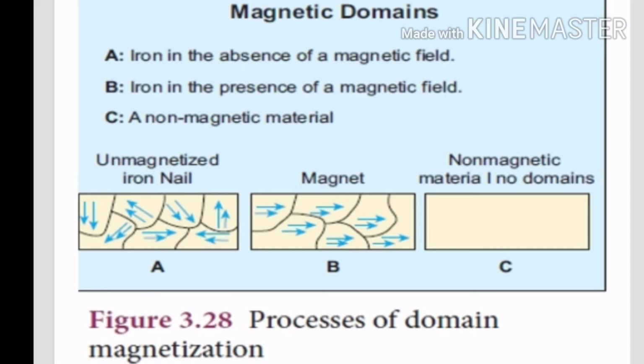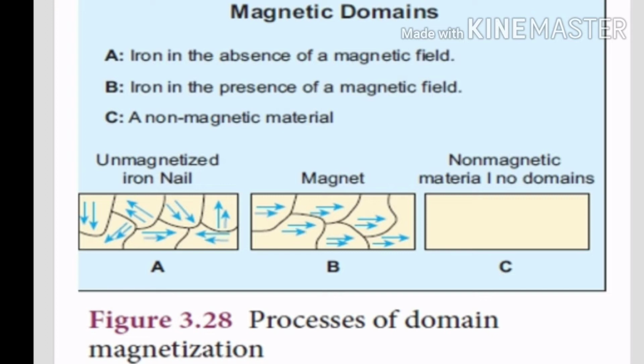Here is a picture which shows the process of domain magnetization for iron. First, picture A shows iron in the absence of a magnetic field. This indicates that the direction of magnetic moments is different for each domain because there is no magnetic field.